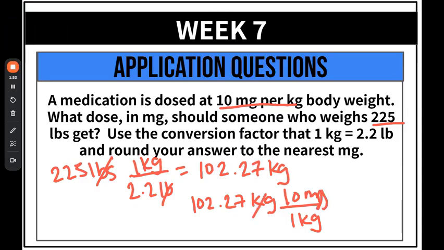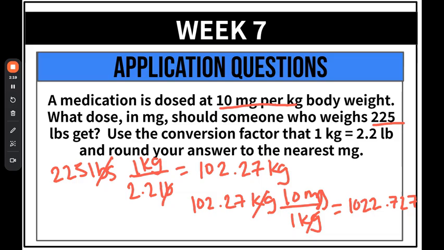Okay? And so the kilograms are going to cancel, and we just multiply by 10. When we multiply by 10, we're really just moving the decimal place 1 to the right. So this is going to give us 1,022.727.